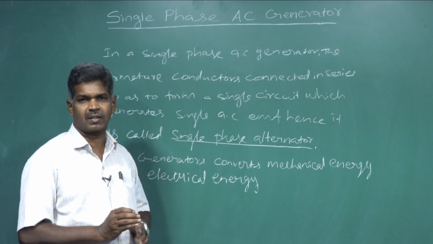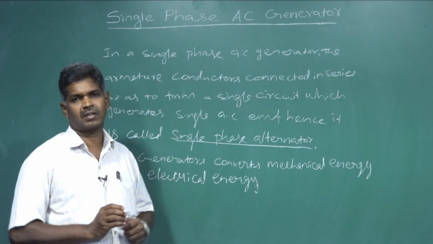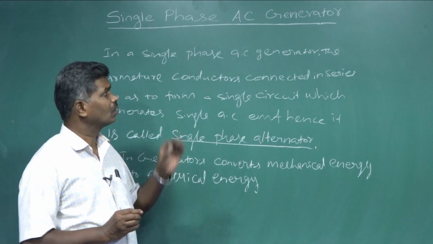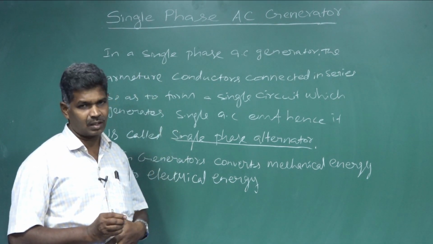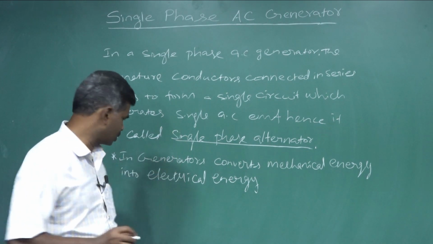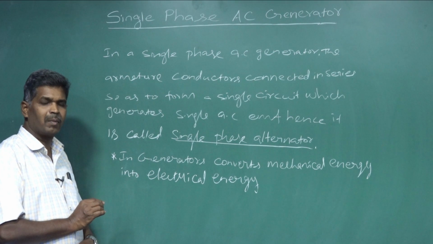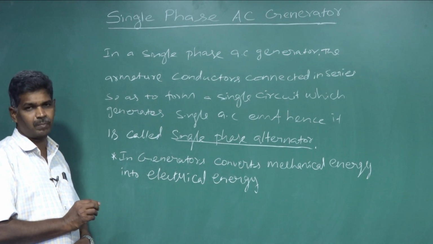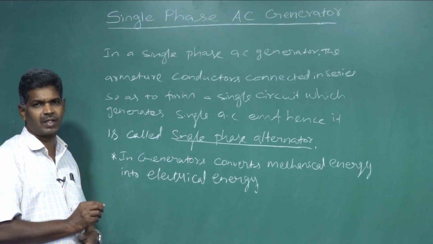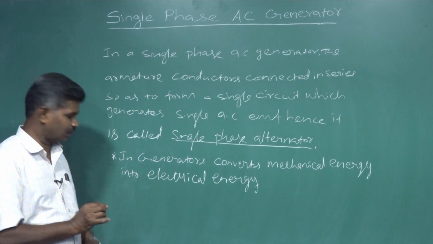Whatever the device may be, that device operates based on a certain principle. Our single phase AC generator also works based on a certain principle. That principle is Michael Faraday's idea. Michael Faraday's principle is electromagnetic induction.